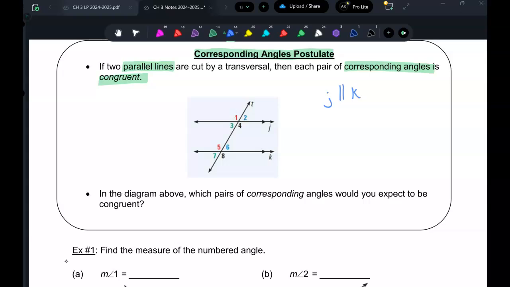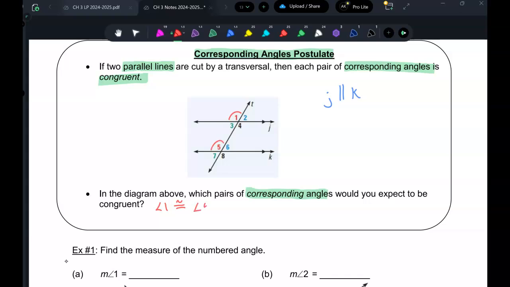Okay, so when they're parallel, what corresponding angles would be congruent? Let's look at the picture. Let's say angle 1. What would be corresponding to angle 1?